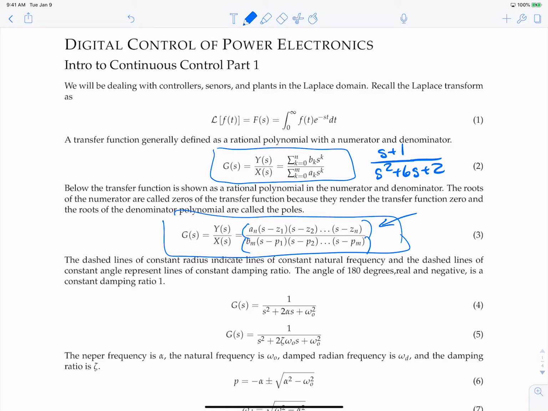This is really important because, as we'll see shortly, poles dictate the type of response you get, whether it's underdamped or overdamped, your damping ratio, the damped frequency, the resonant frequency, the Neper frequency. All of that is dictated by your poles. The zeros, a lot of those will dictate things like your initial conditions.